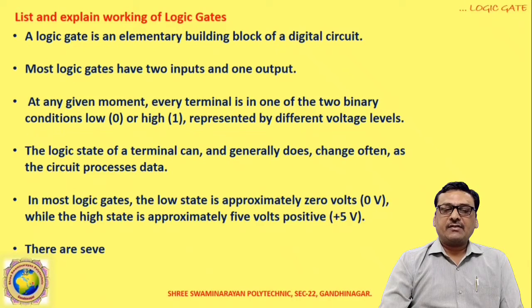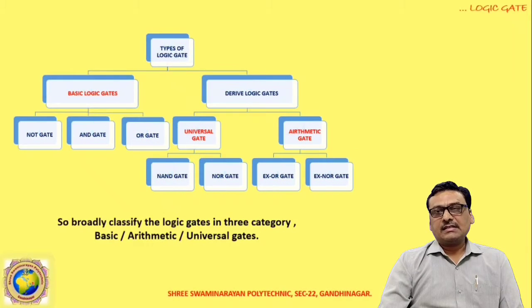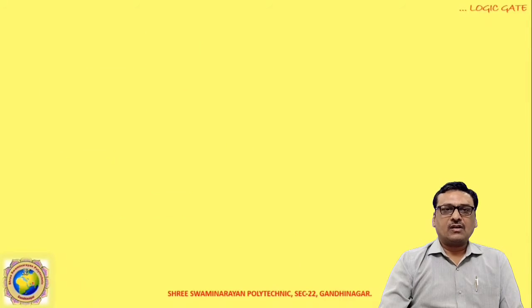There are 7 types of logic gates, and we will discuss them one by one. Before that, we have to discuss the various types of logic gates, as shown in the diagram. The types are basic logic gates and derived logic gates. The basic logic gates are of three types: the NOT gate, AND gate and OR gate.